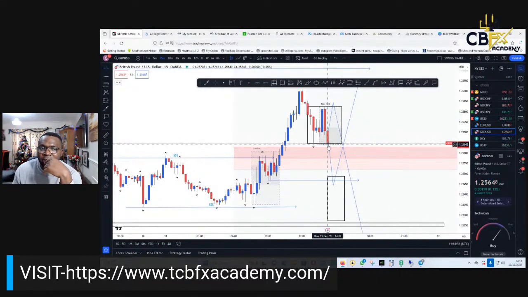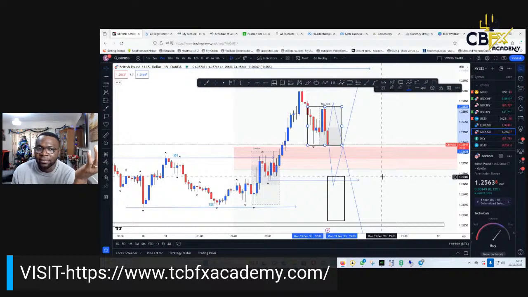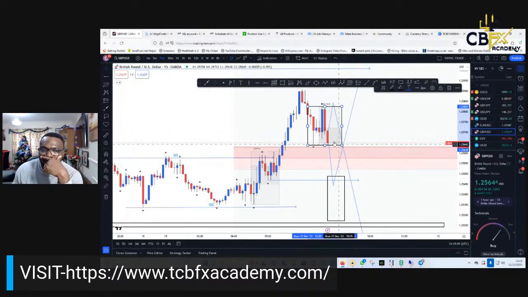But if it doesn't come all the way down and it pushes up, now you can see it's breaking out of this range right now. It's just dropping. That's the sellers there. But it's not going to conclude there.